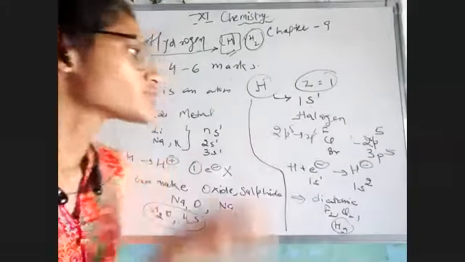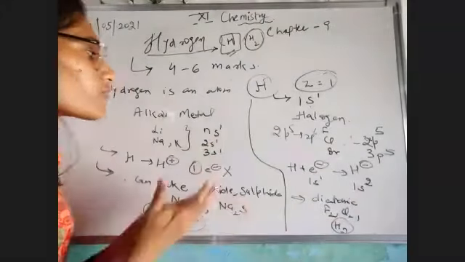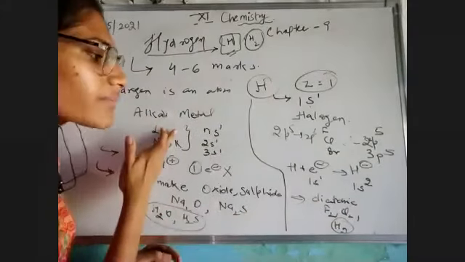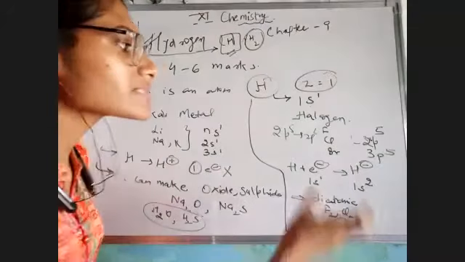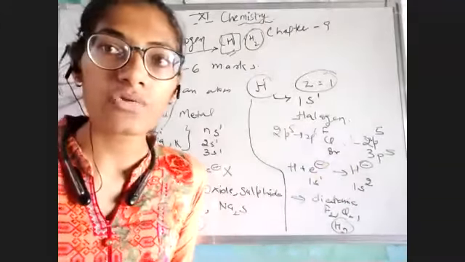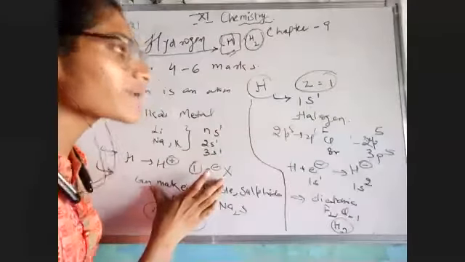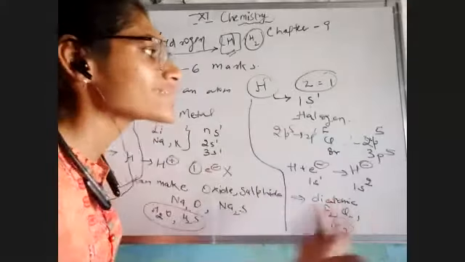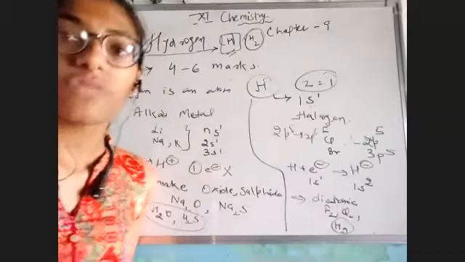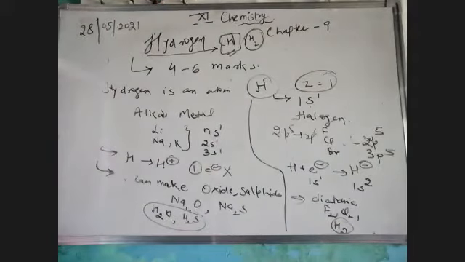Listen again: due to electronic configuration, there are some physical properties which relate hydrogen with alkaline metal and some properties relate with halogen. On the other hand, there are some properties of hydrogen which do not resemble alkaline metal and also do not resemble halogen. Okay, for example, I'm taking ionization enthalpy.